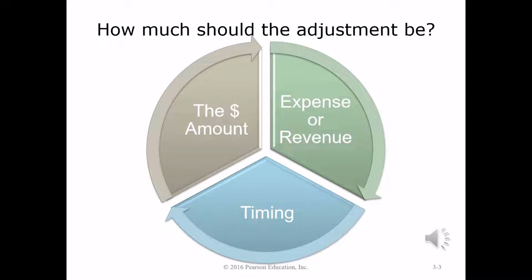Second of all, what is the timing? We know that we are trying to adjust our revenue and expenses related to the end of a fiscal period. So how much time needs to be adjusted for? Is it a matter of days? Is it a month, or maybe even a full year of expenses? And then finally, what is the exact amount that we need to adjust for?